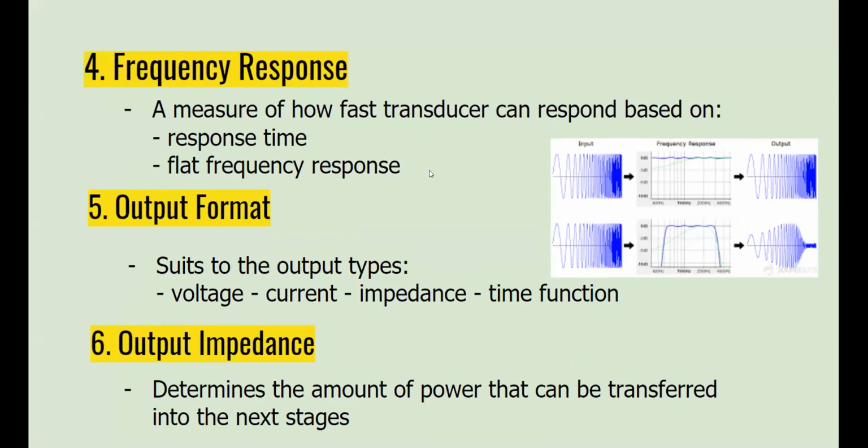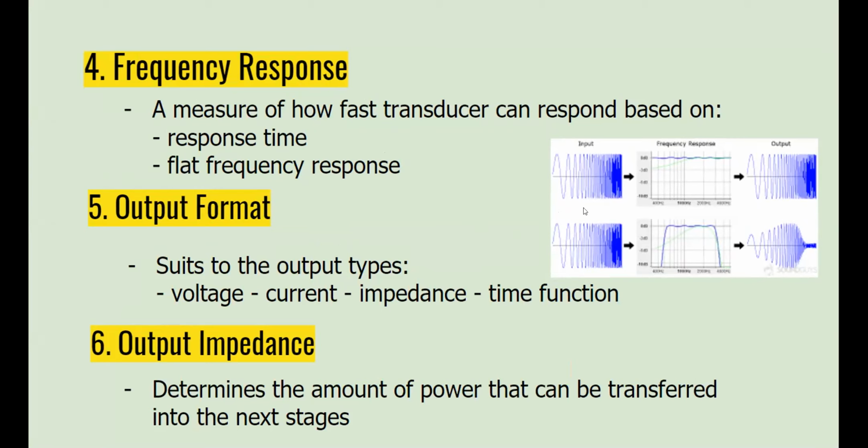Okay, I'll continue. So the fourth characteristic is the frequency response. The frequency response tells us how fast the transducer can respond, based on the response time and also the flat frequency response.